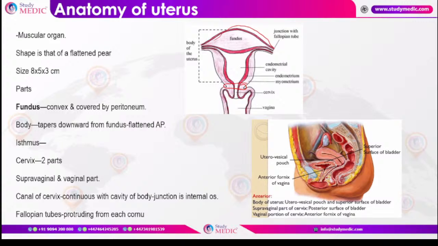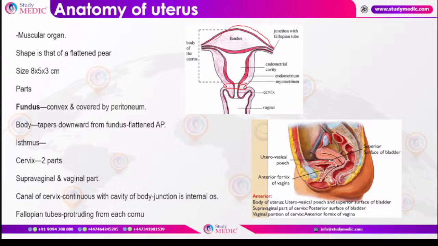Then from the fundus, you have the uterine tubes, the fallopian tubes, which open out into the peritoneal cavity. The important part that you should be remembering here is about the peritoneal coverings of the uterus. So you have the peritoneum, which is covering the urinary bladder.